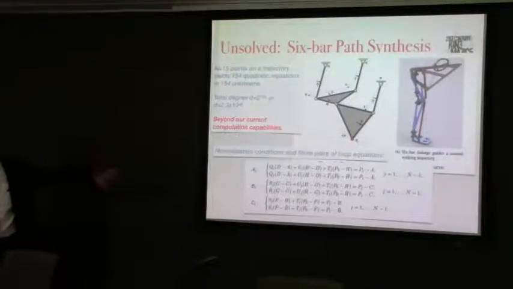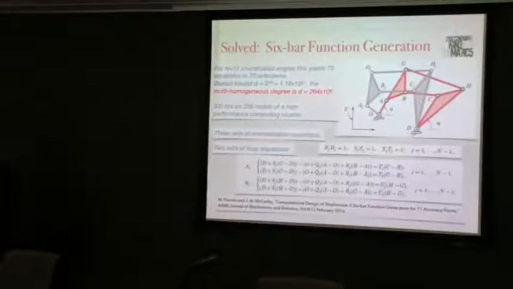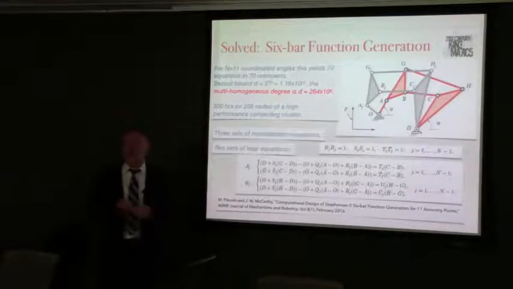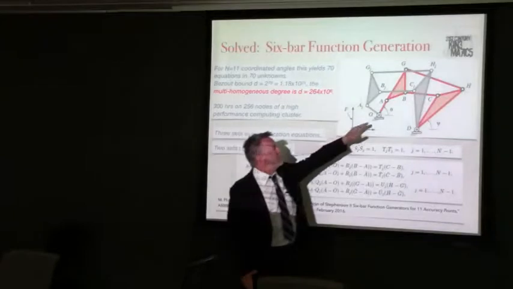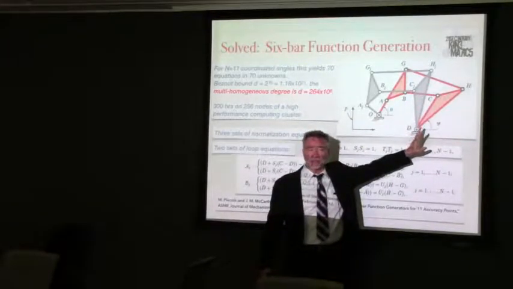So this is the simplest unsolved problem we have. All right? What I now want to show you is the most complicated solved problem that we have. What we're solving now is, instead of tracing a trajectory, we're going to coordinate the input and output functions of two linkages.